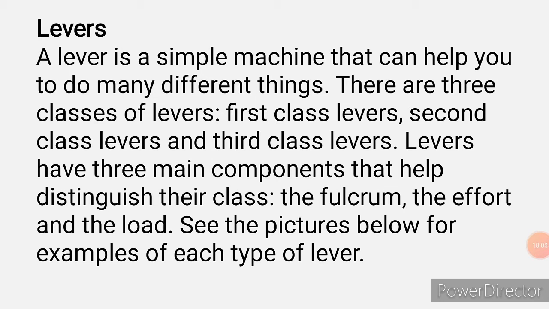The three major components are the fulcrum, which you also call the pivot, or which gives the support, then you have the load, which is what you want to overcome, and then you have the effort, which is the force you need to apply to lift the load, to overcome the load.